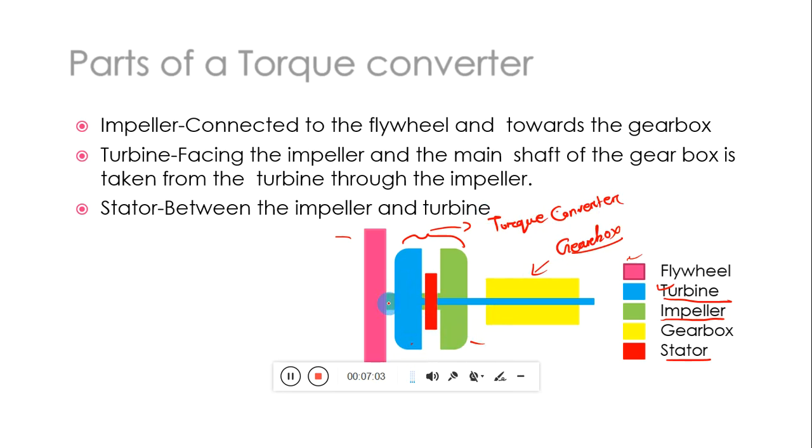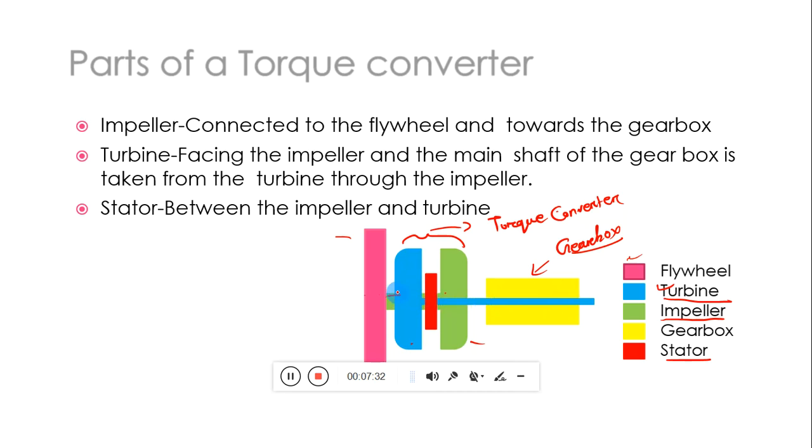The crankshaft coming from the engine is connected directly to the impeller or the pump, this green color you can see. The shaft coming from the turbine is connected to the gearbox, or simply the driving shaft.